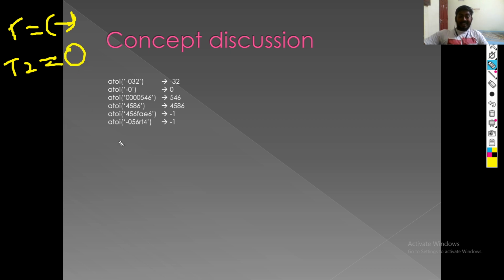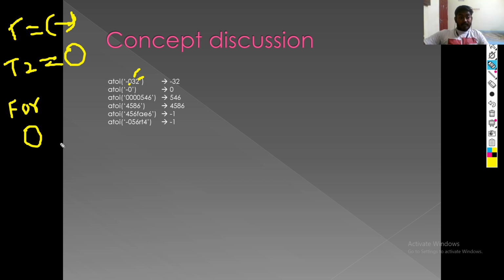After that, we iterate over the string in a loop, for example a for loop, passing the first, second and third values. If a 0 comes before any number, we should not consider it. So if any 0 comes before the value, we keep t2 as 0. If it comes inside the value, we should consider it. I will show you how to do it.